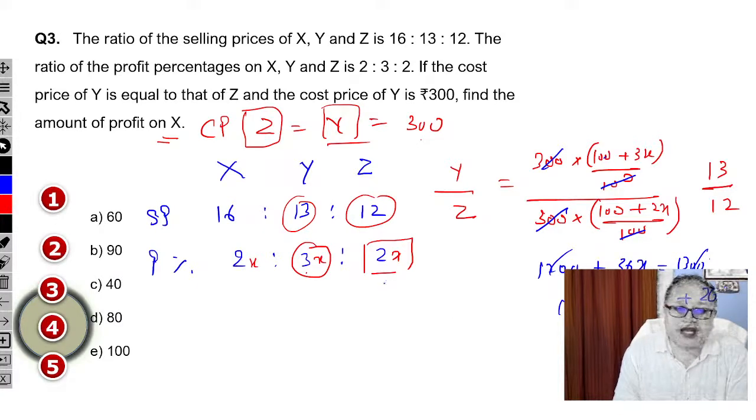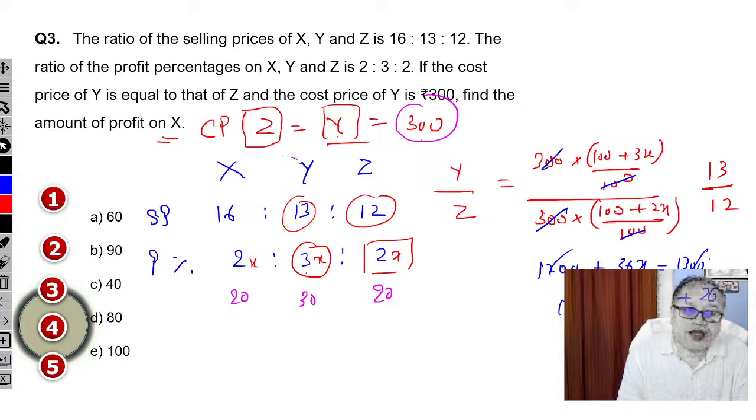So once you get the value of x, all these figures are 20, 30 and again 20. These all are the percentage of profit. Okay, I know the Y cost price. So can't I go to the cost price of X?